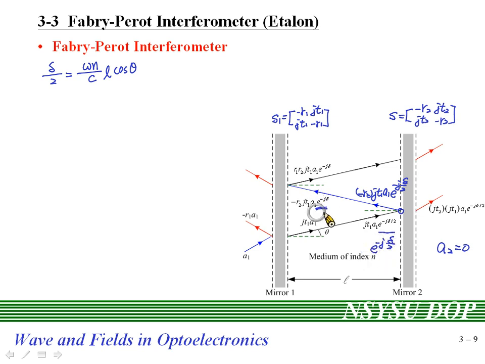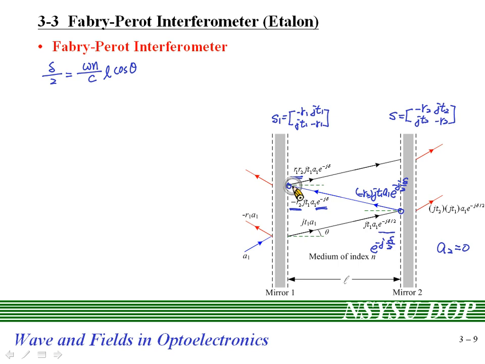So the total phase difference will become exponential minus j delta. This light beam at this point is reflected by mirror 1, so the amplitude can be obtained by multiplying the original amplitude with minus R1. So you see the amplitude will become R1 R2 jT1 A1 exponential minus j delta.